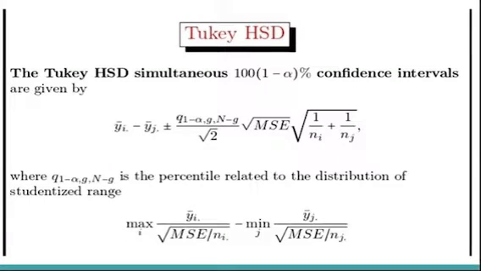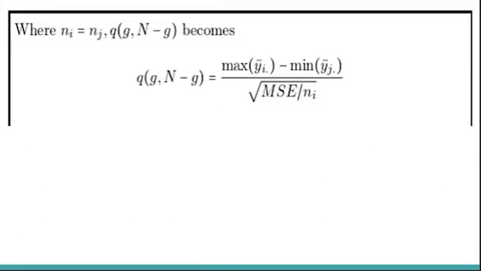This is the Tukey confidence interval. I told you it is based on the studentized range distribution. I wanted you to take note of that. I think I just explained that.